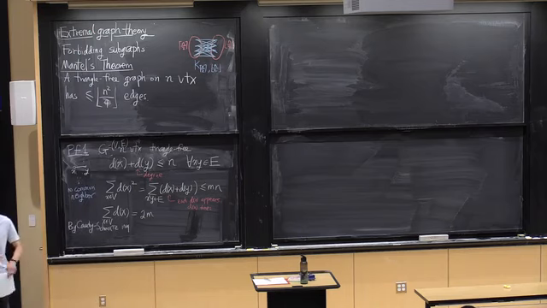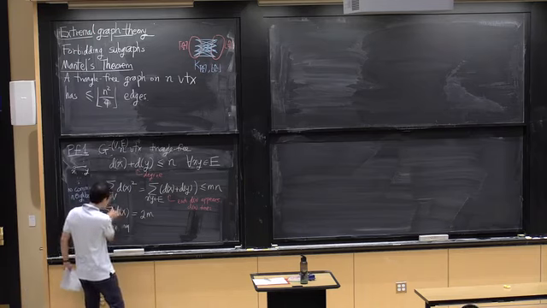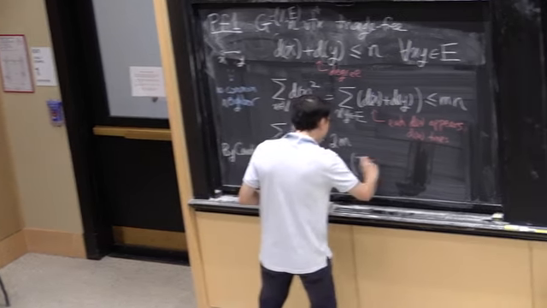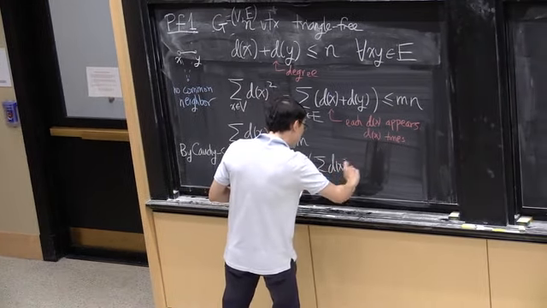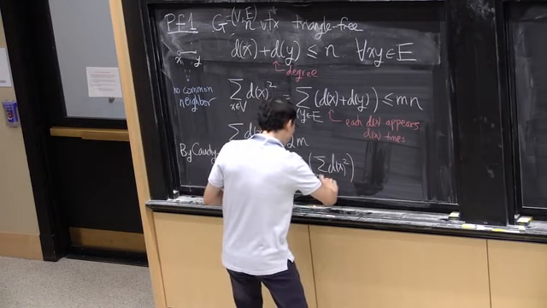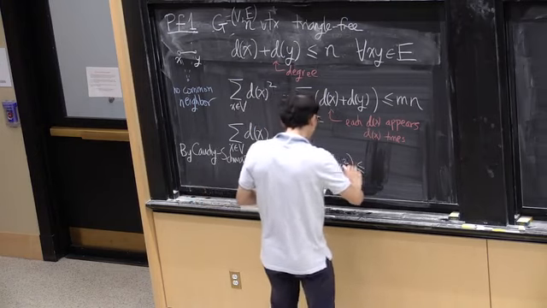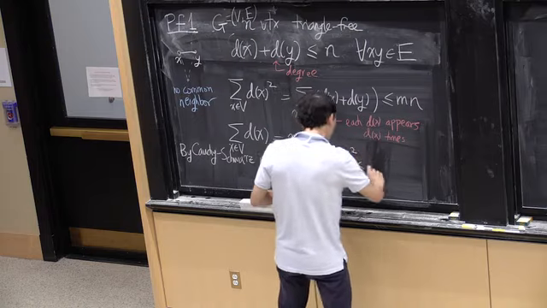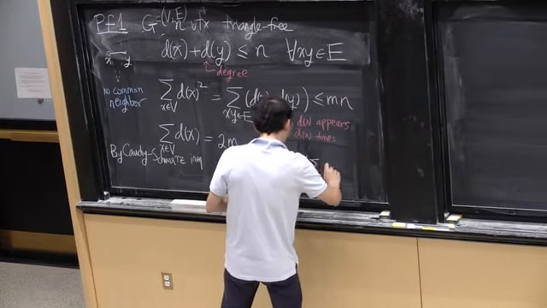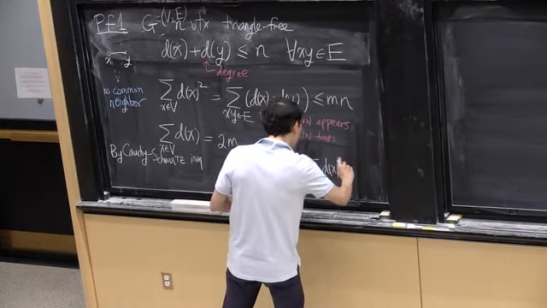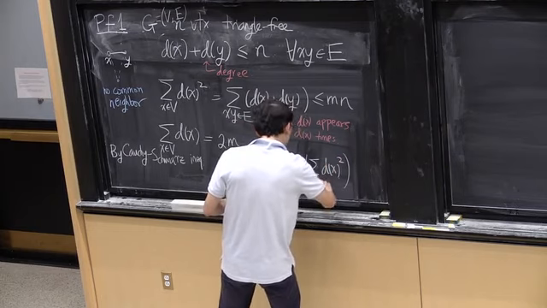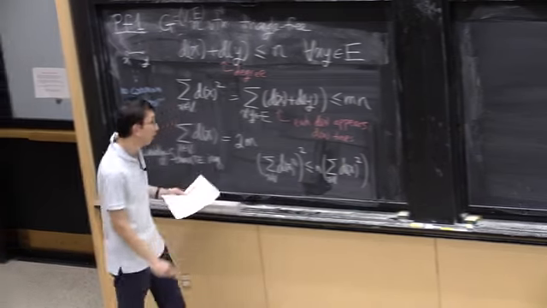And it will come up pretty much throughout this course. By the Cauchy-Schwarz inequality, comparing these two quantities, we have this inequality relating the sum of the squares of the degrees and the square of the sum of the degrees.